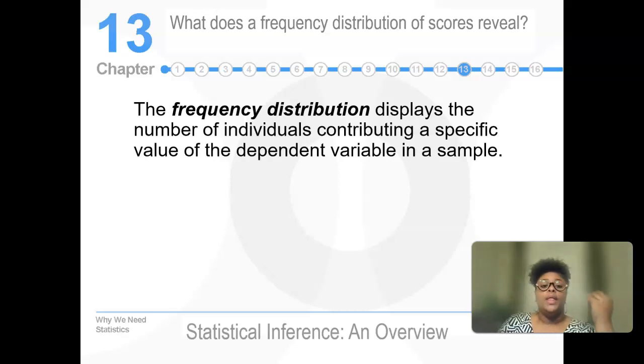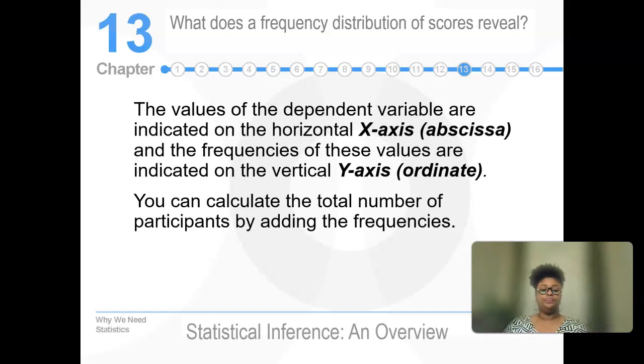So let's talk about our frequency distribution. The frequency distribution is going to show us how many times the scores in our distribution have shown. So the frequency distribution displays the number of individuals contributing to a specific level of the dependent variable in a sample, and how many times we actually see those particular scores show.